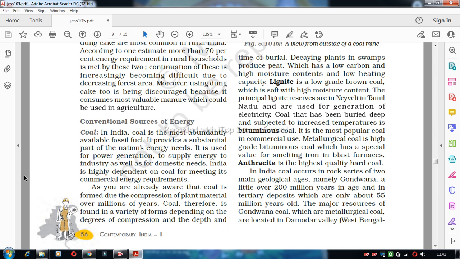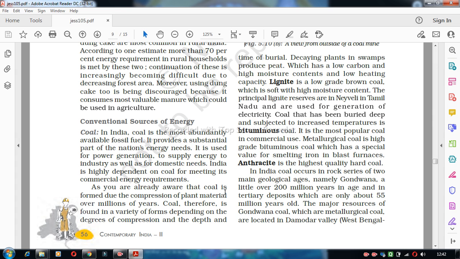Coal therefore is found in a variety of different forms depending on the degree of compression and the depth and the time of burial. Decaying plants in the swamps produce peat. So, peat, lignite, bituminous and anthracite are the 4 types of coal.